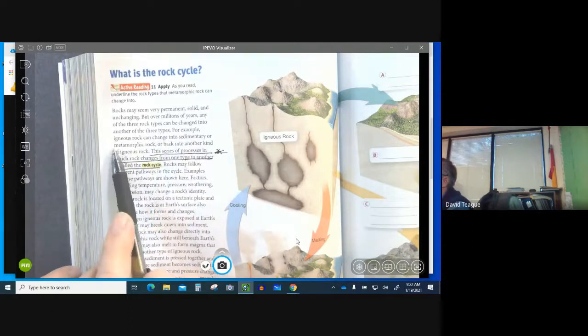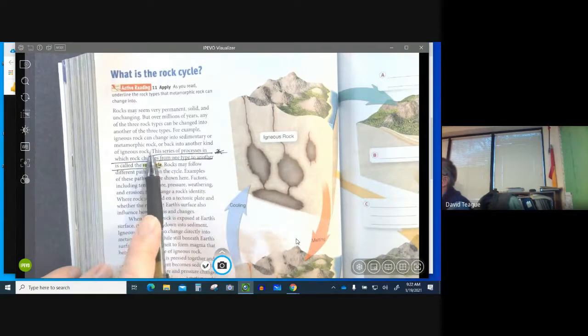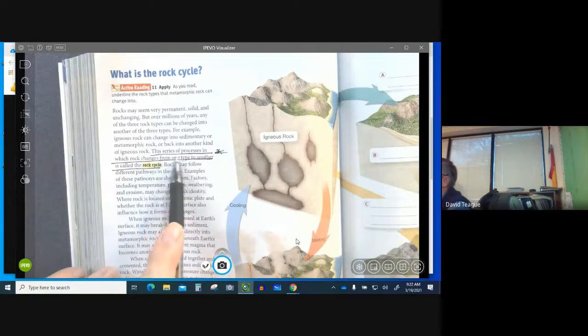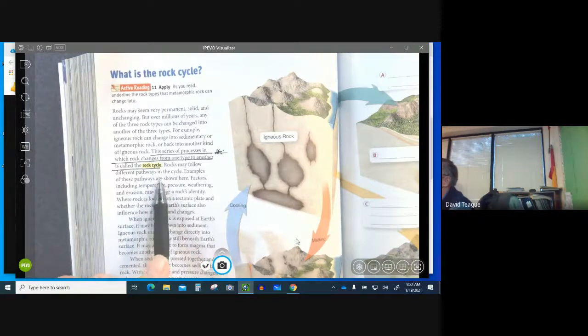For example, igneous rock can change into sedimentary or metamorphic rock, or back into another kind of igneous rock. This series of processes in which rock changes from one type to another is called the rock cycle. Rocks may follow different pathways in the cycle. Examples of these pathways are shown here.